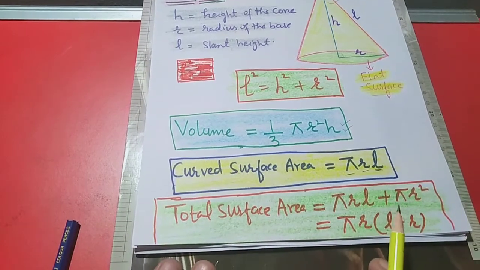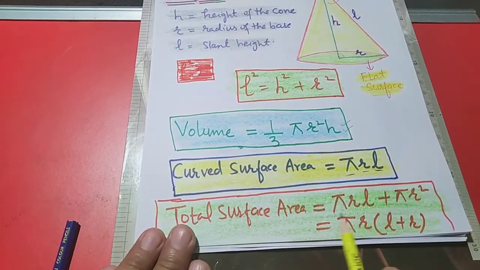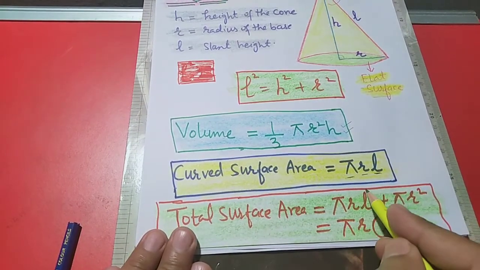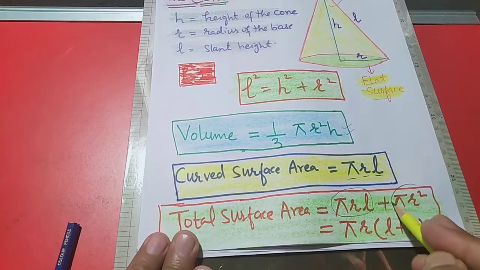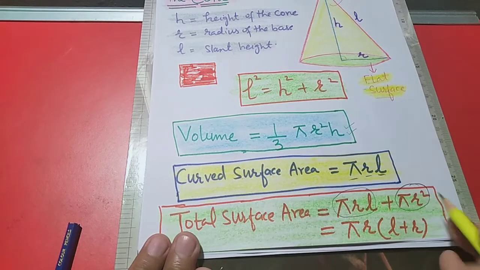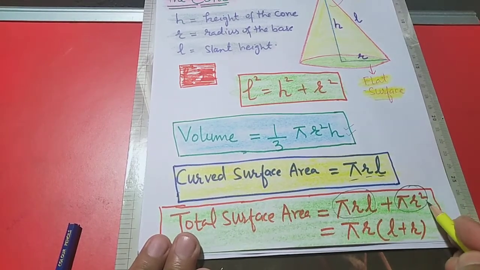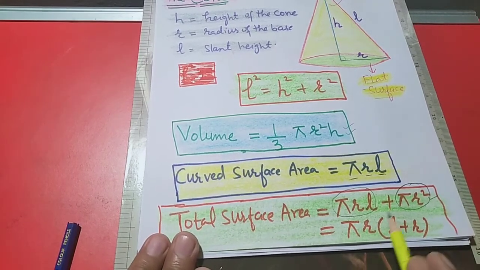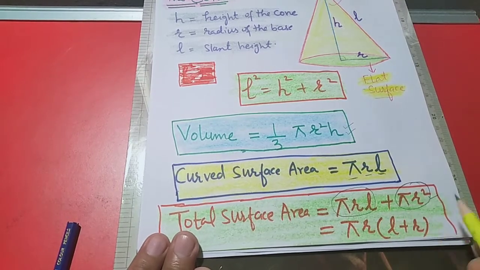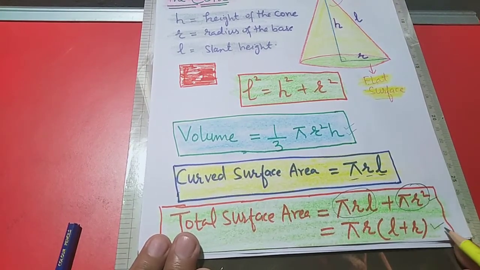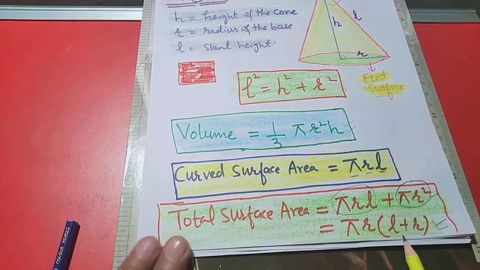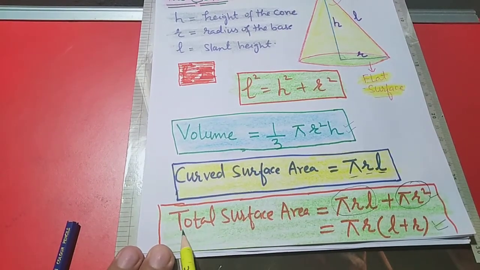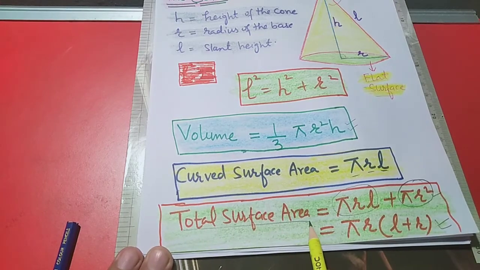Now if I want to calculate the total surface area, then to the curved surface area I have to add the flat surface area, which is the area of a circle. If I take pi r as common, this is the formula: pi r into L plus r. With this formula, I can calculate the total surface area.